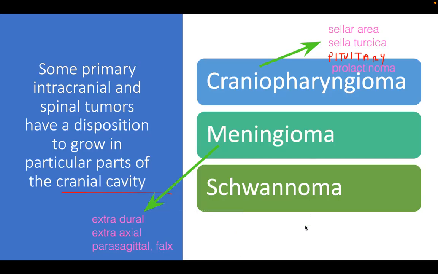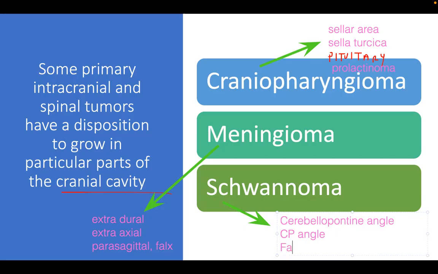Now, what about a schwannoma? A schwannoma is classically found particularly in the cerebellopontine angle, the famous CP angle. Now, can anyone tell me in basic neuroanatomy, what are the cranial nerves that can be found in the cerebellopontine angle?